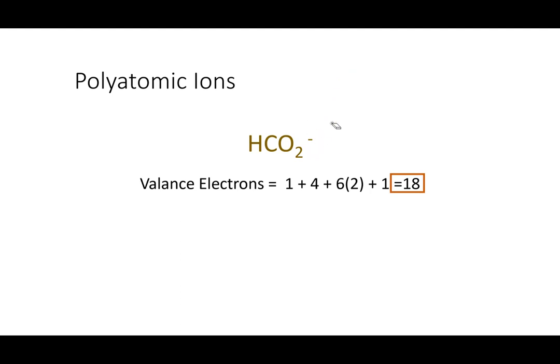So another helpful hint that's coming up since we're here, if carbon is in the mix somewhere, he will always be the central atom and the other atoms will be distributed around it. So hydrogen, oxygen, oxygen. Okay. So there's the skeletal structure for this particular Lewis structure.